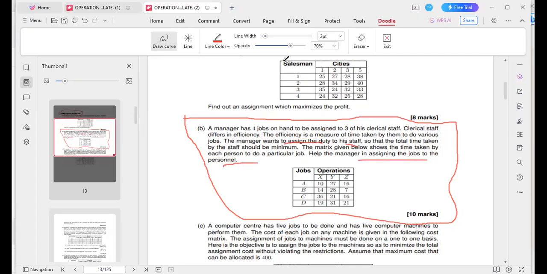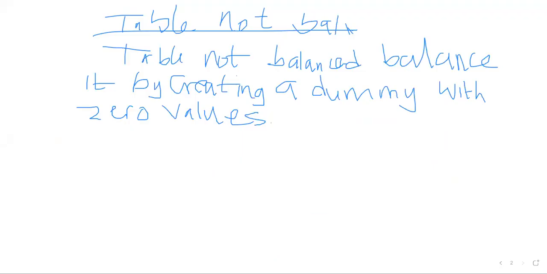Okay, so we can start looking at the solution. We have the jobs and the operations.